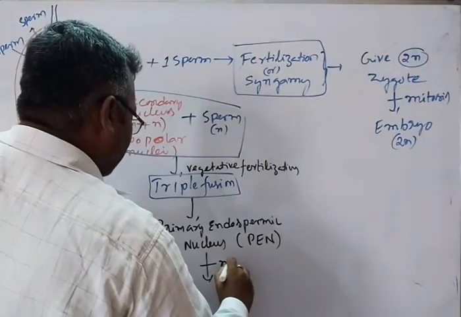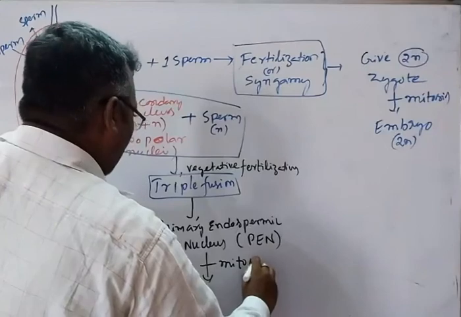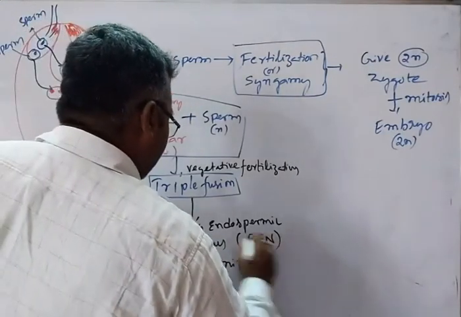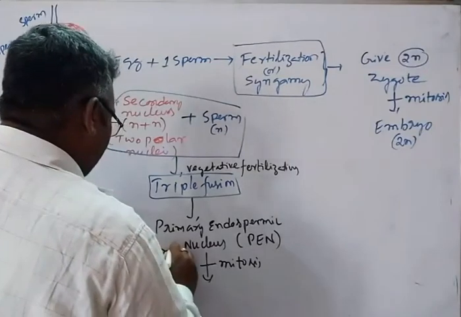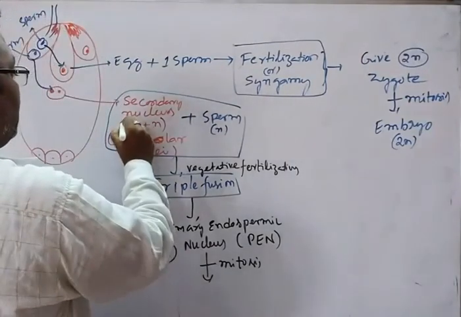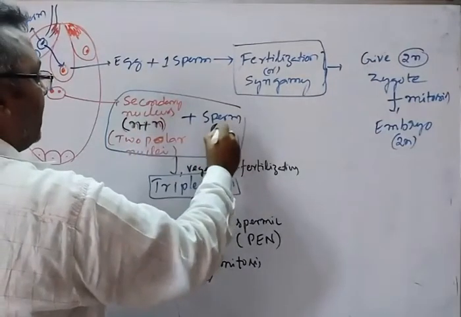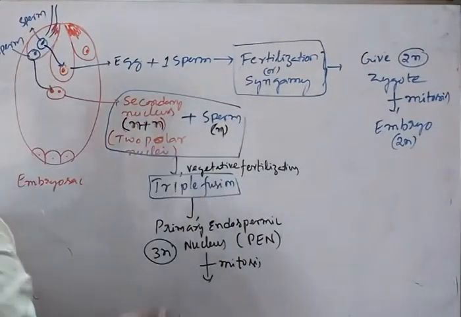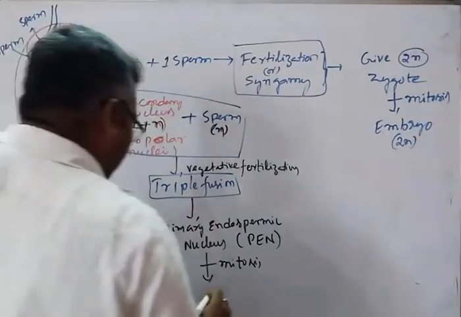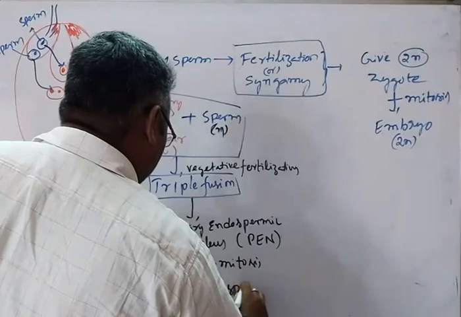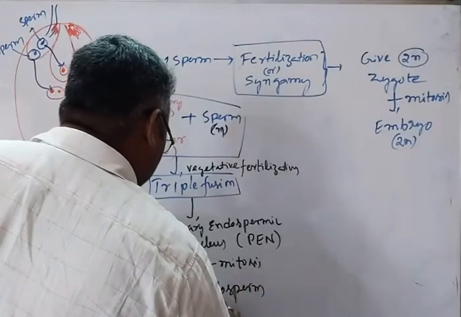This divides by mitosis. Now what is its ploidy? Primary endospermic nucleus is triploid. Why? Because it is formed by two polar nuclei plus one male gamete. So total triploid. Now this divides by mitosis and gives endosperm. Endosperm is also triploid.